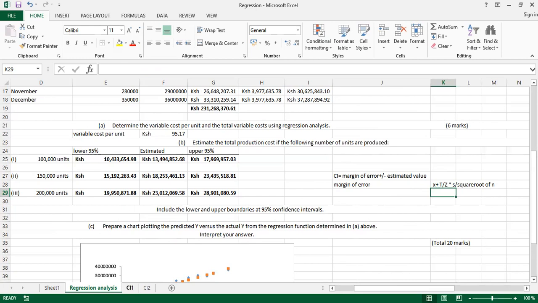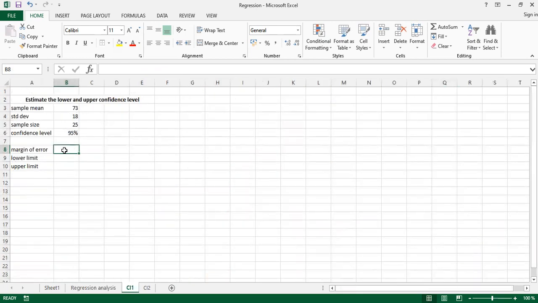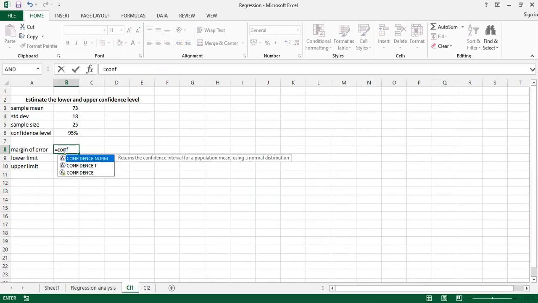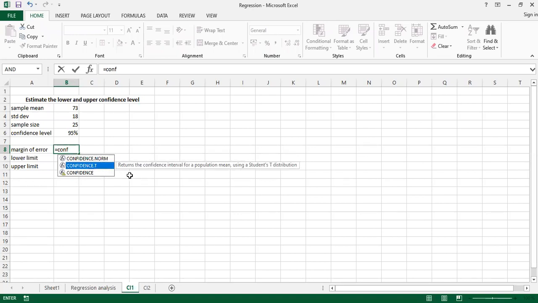But now we will be using an Excel formula known as CONFIDENCE.T. You write confidence T here and you can see it returns the confidence interval for a population mean using the student's T distribution of the T statistic. This one is for a sample below 30. You press tab.